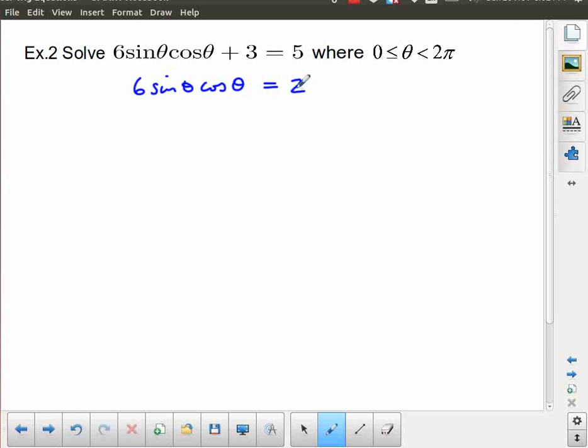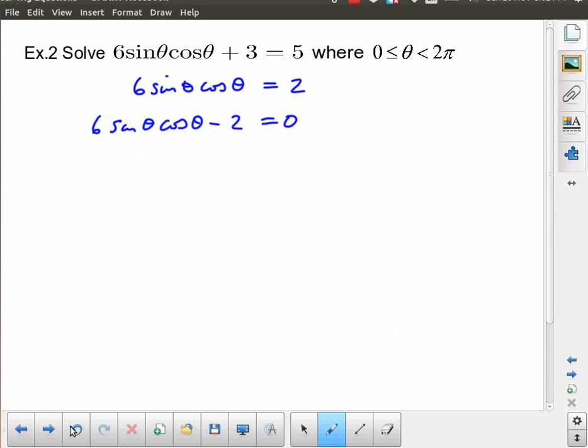You might think, okay, well, if I've got these things multiplied together, if I can get it equal to 0, so you might say, okay, well, 6 sine theta cos theta minus 2 equals 0. And now what? I can divide everything by 2, but that still doesn't really take me in a particularly useful direction.